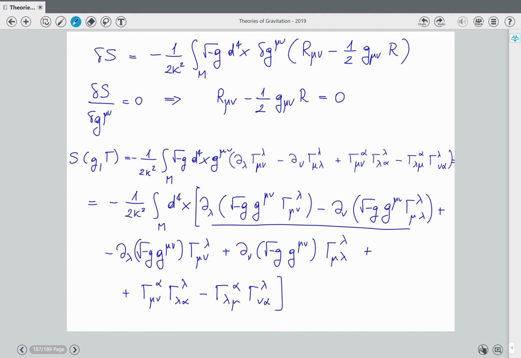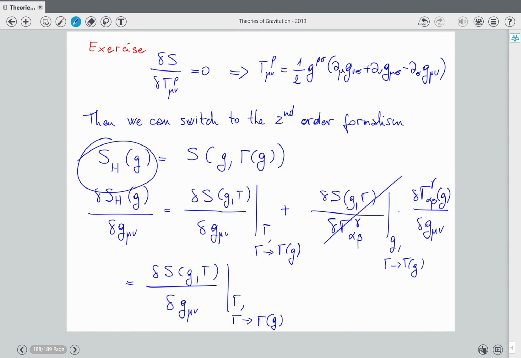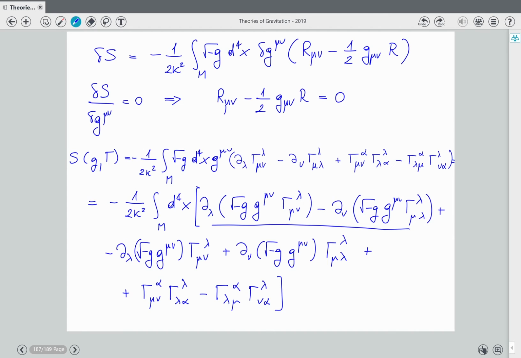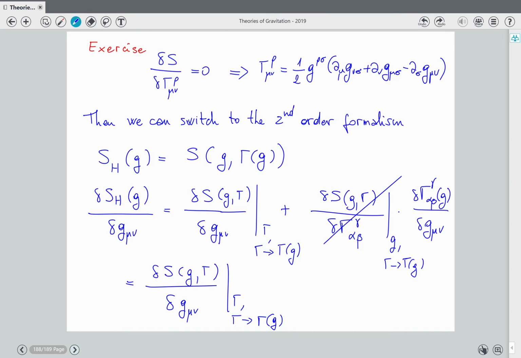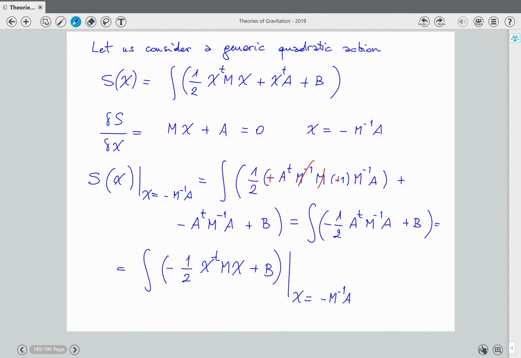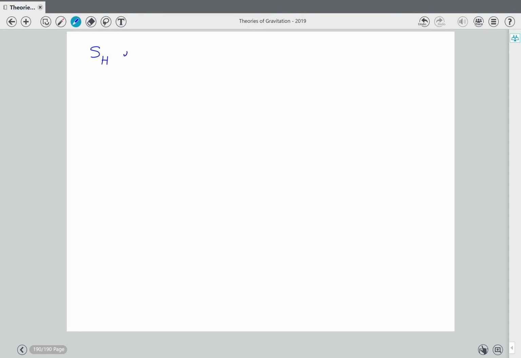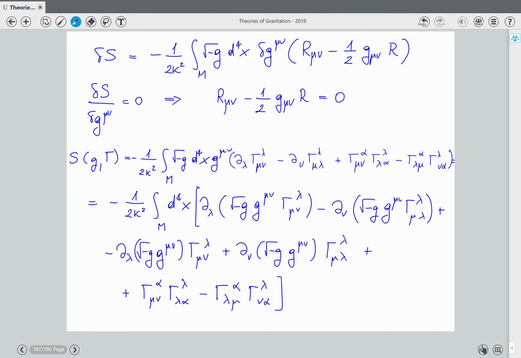The result here, this action, which we call S_H of gamma, is equal to this boundary term, which we'll leave like that. Then we drop this, and we just change these two signs. So let's write S_H of gamma. First, I change those two signs.